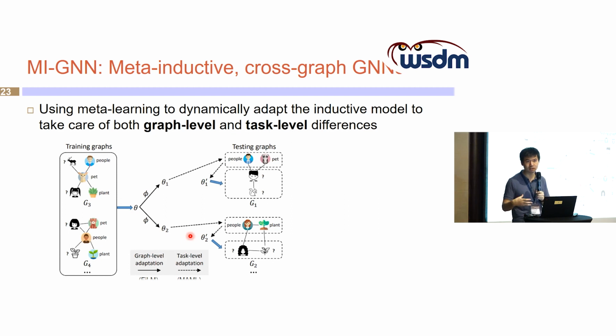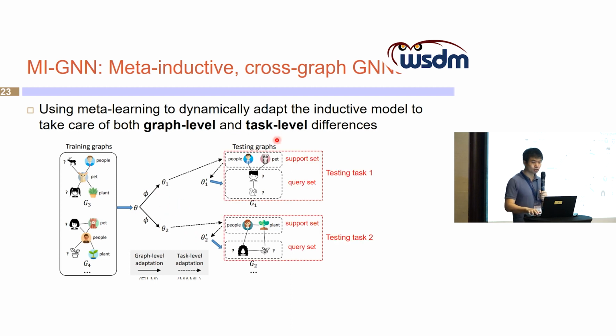On another graph, you may involve class 4, 5, 6. So there can be different classes, different tasks. So we do another task level adaptation. By doing this dual adaptation, we are able to take care of the differences between different graphs and different tasks.